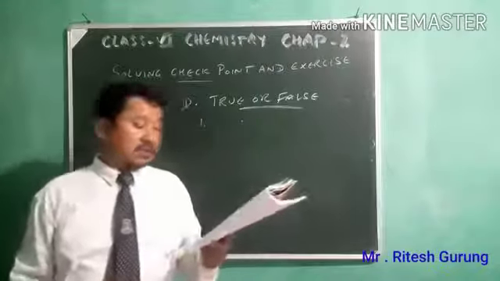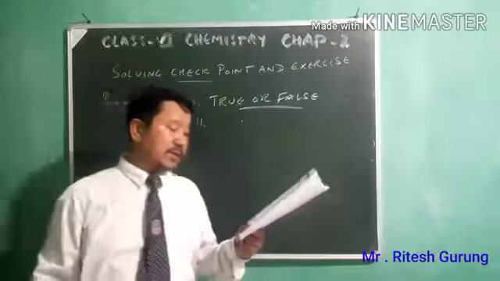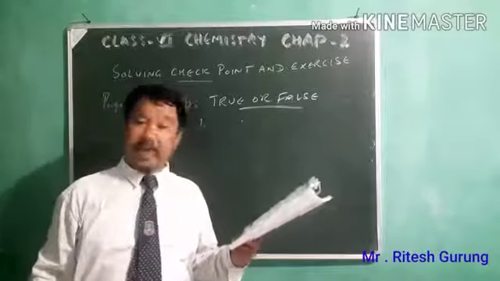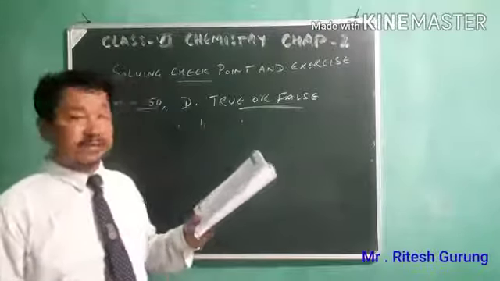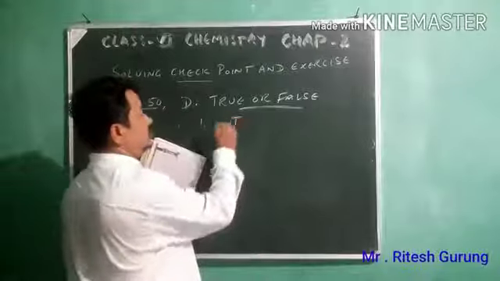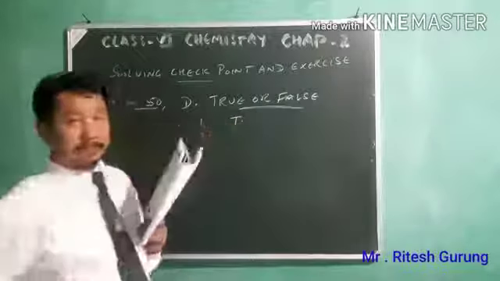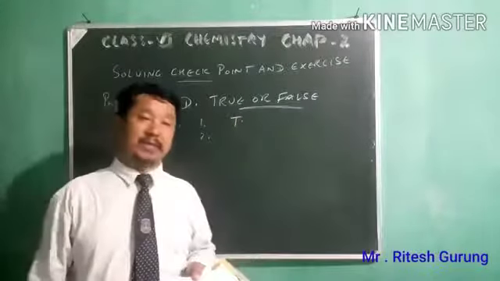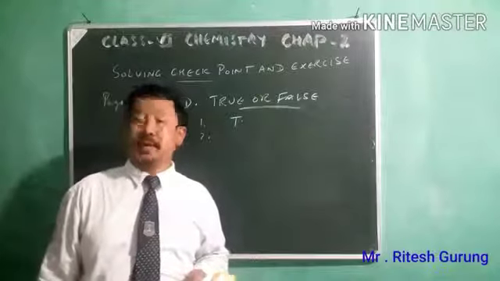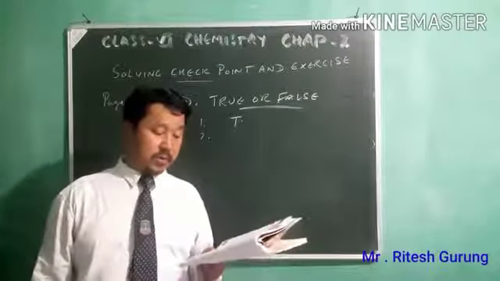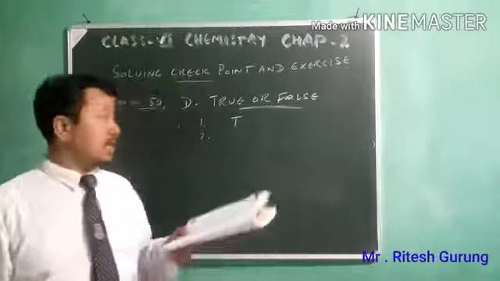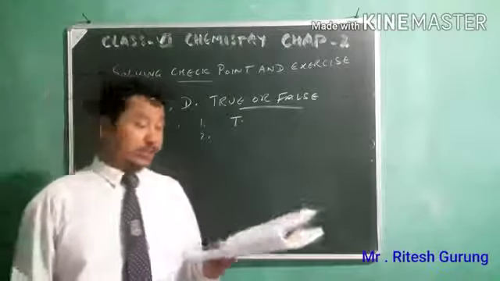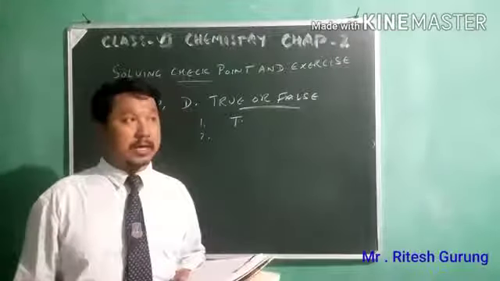Number 1, symbol of a chemical element denotes one atom of that element. Is it true or false? It is true. In the beginning itself, when we were talking about elements and symbols, I must have told you about it, so you must not have forgotten, I believe.